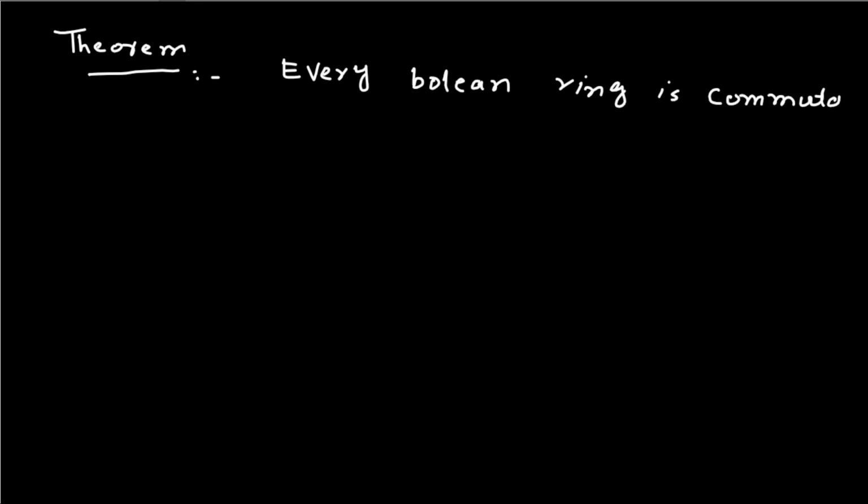So we know the definition of Boolean ring, and we also know what it means by commutativity. So our target is from Boolean to commutative. When we consider Boolean, we will prove commutativity.